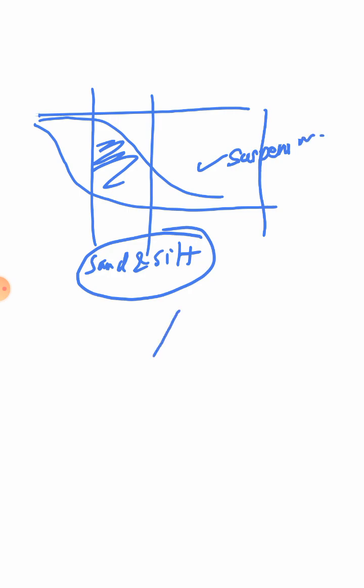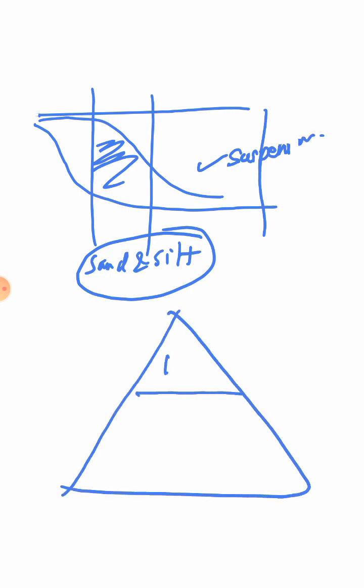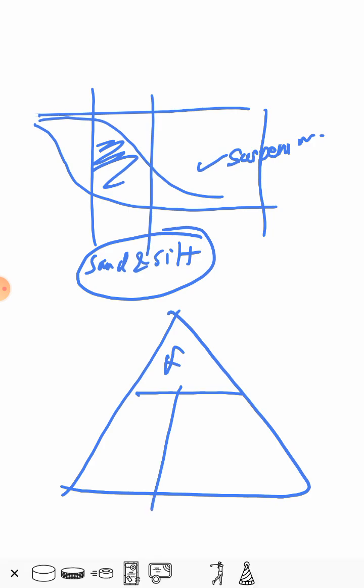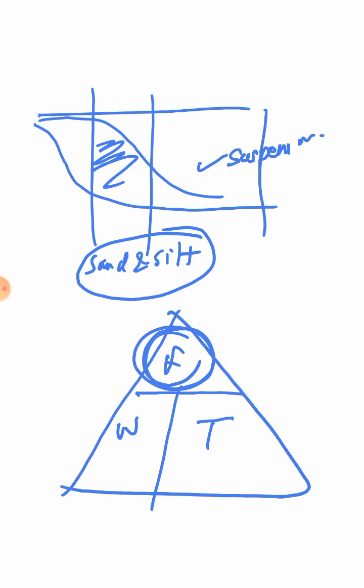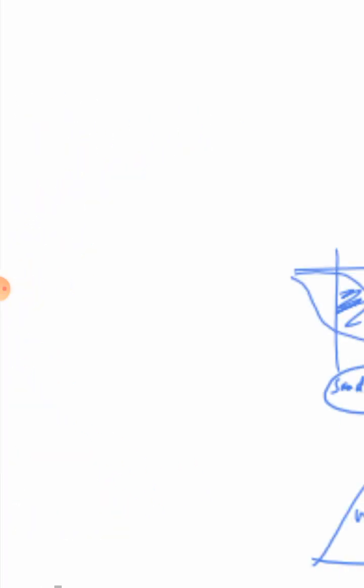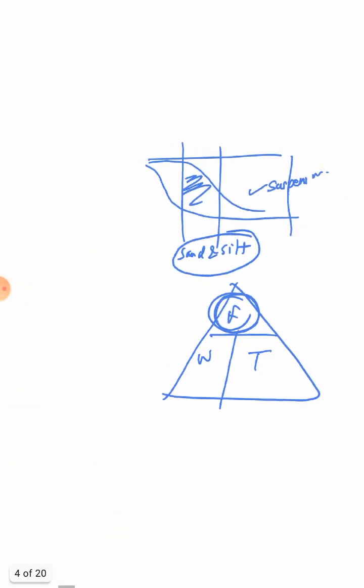Now since we divided the system into three parts, fluvial dominated, wave dominated, and tide dominated, we'll see the facies of fluvial dominated. First we'll see the conditions.